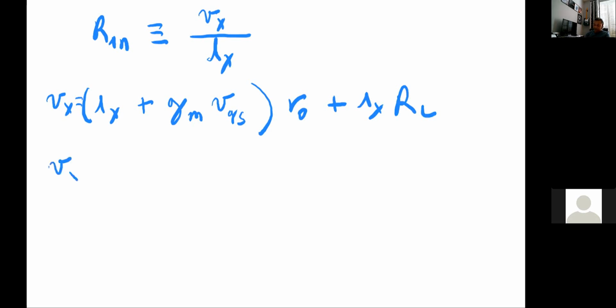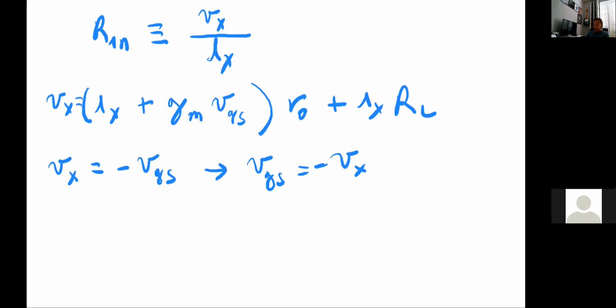Now since we have a common gate, since the gate is grounded, the voltage Vx at the source is minus VGS. And that is the gate to source voltage of the common gate, which means that VGS is minus Vx. Okay.